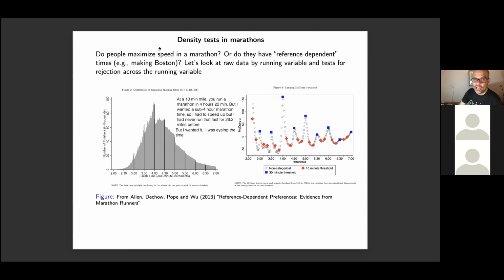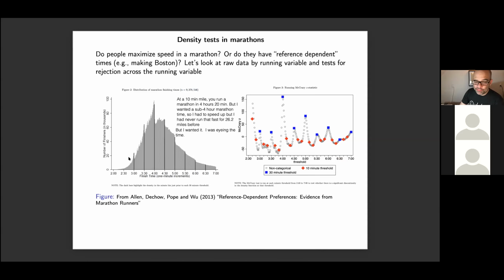And you can see that here in a paper by Allen, Dechow, Pope, and Wu. What they do in this paper is they take all 9 million marathon finishing times for lots of different marathons, and they plot the data.